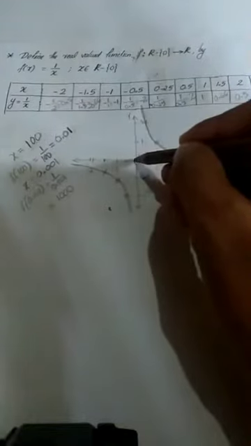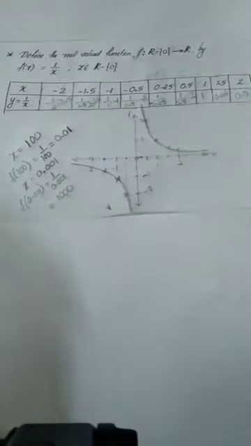Here it is 0, but in the domain we have no 0. Now, what is the domain? There is no doubt, domain is equal to the set of all real numbers minus {0}. Codomain is again the set of all real numbers.